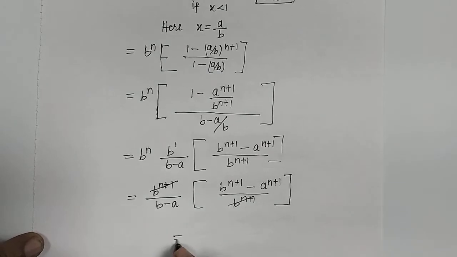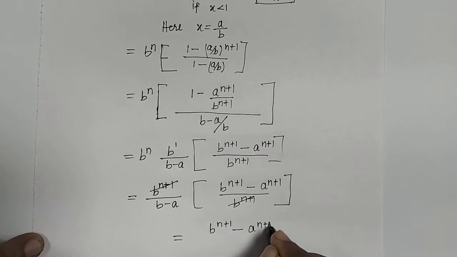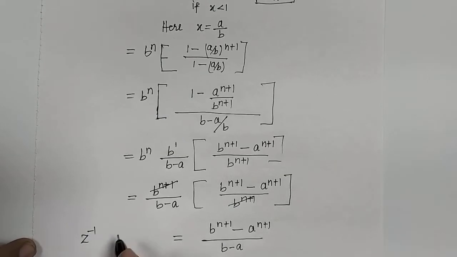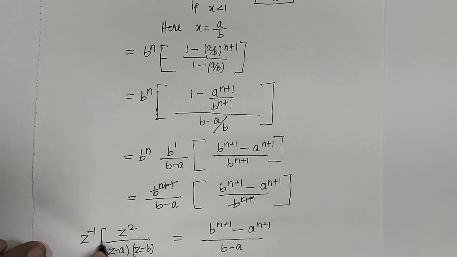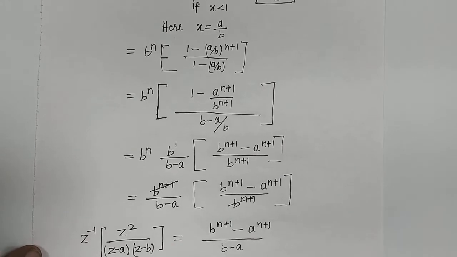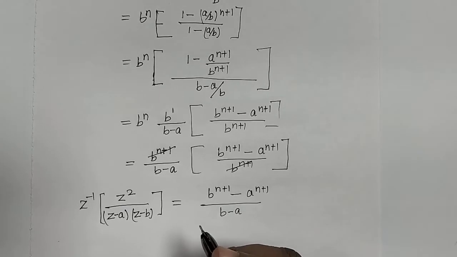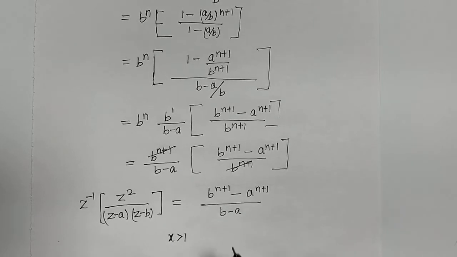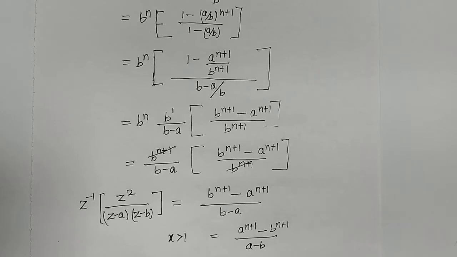So I will get the answer b power n plus 1 minus a power n plus 1 divided by b minus a, which is the answer for the inverse z transform of z square divided by (z minus a)(z minus b). Suppose if I take the x greater than 1 formula, you will get the answer a power n plus 1 minus b power n plus 1 divided by a minus b.